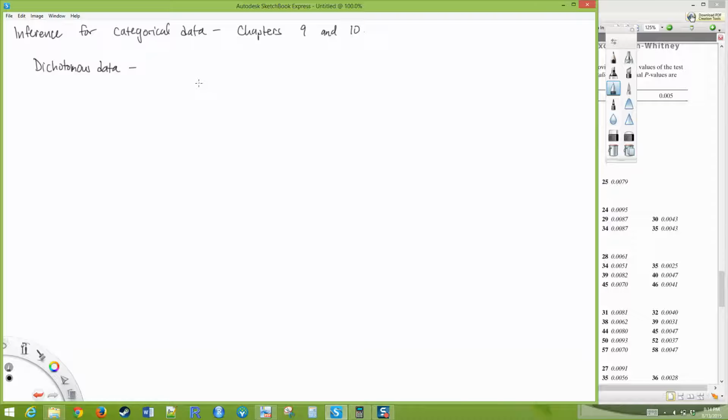Dichotomous data is like binomial situations: either you have a yes versus no, or something is versus it isn't. And we will start off with a confidence interval.